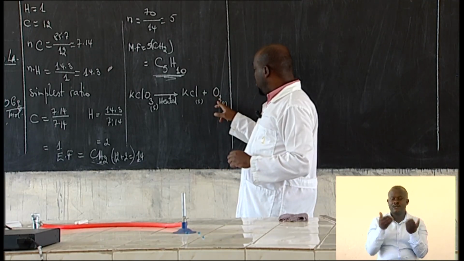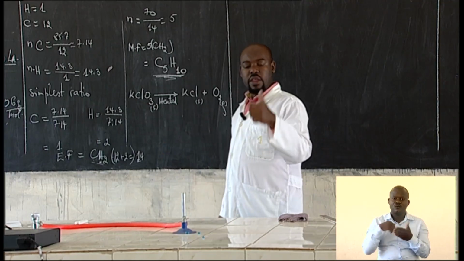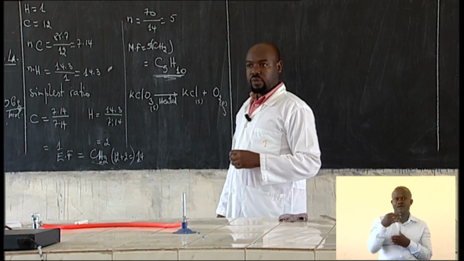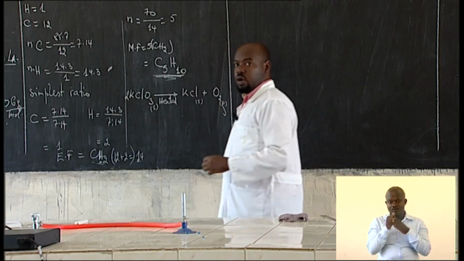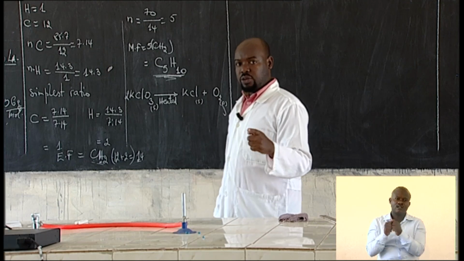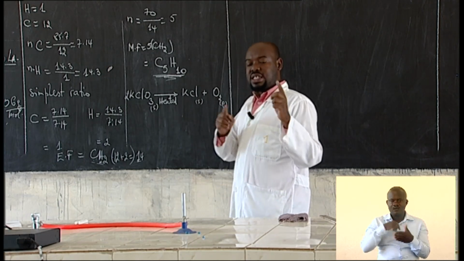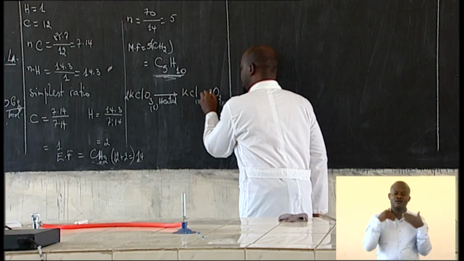Here we have 2 oxygen atoms, but on the reactant side we have 3 oxygen atoms. Let us put 2 here. If we put 2 here, now we have 6 oxygen atoms. With the 6 oxygen atoms, if we want to get the same number of atoms on the product side, then we multiply by 3.